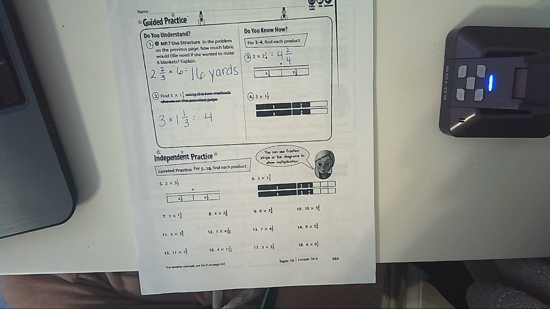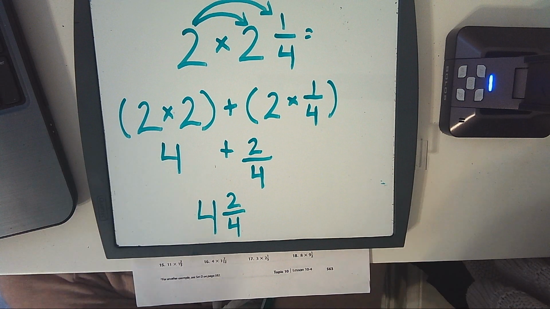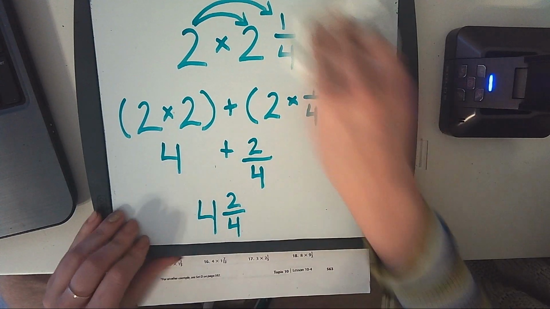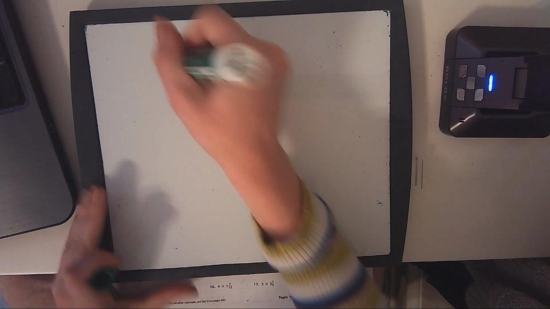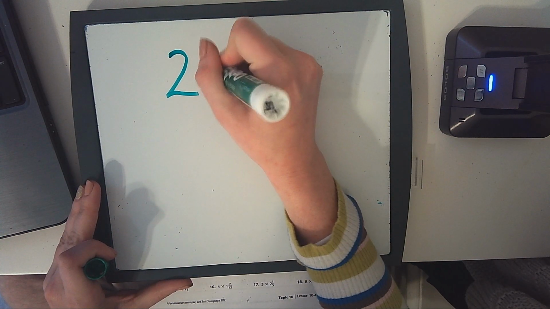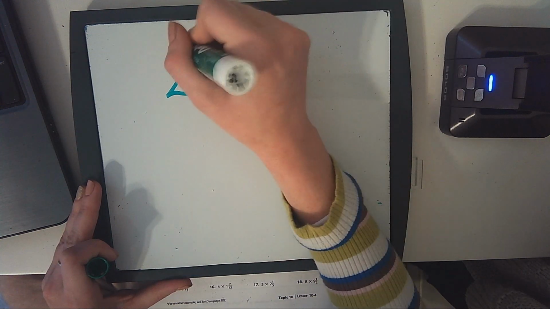We have one more to do together, which is number 4, 2 times 1 1/2.